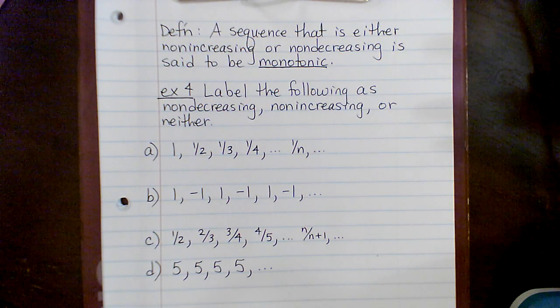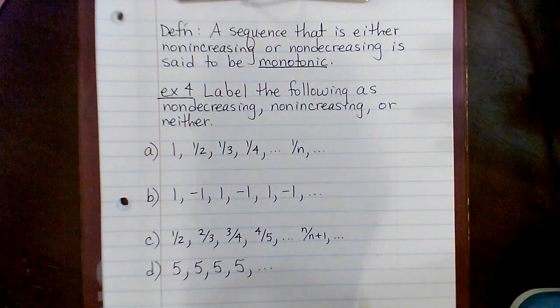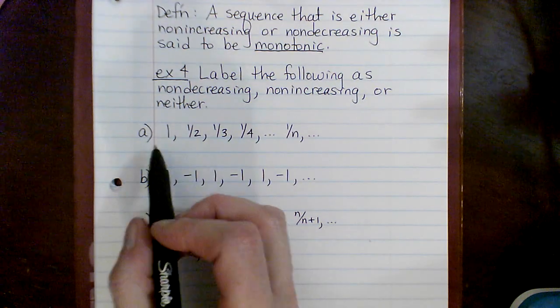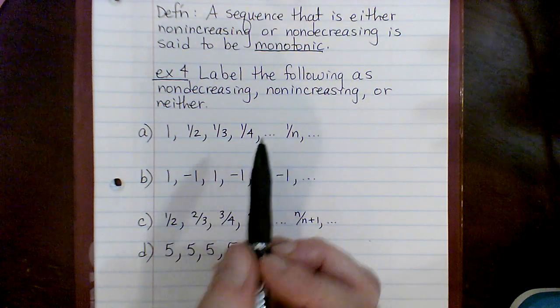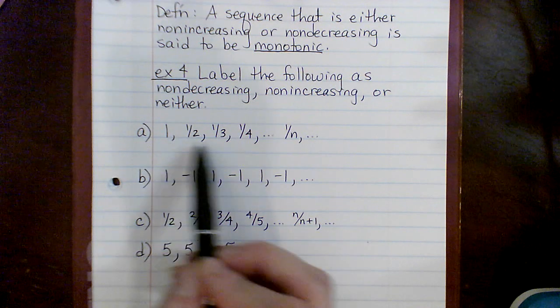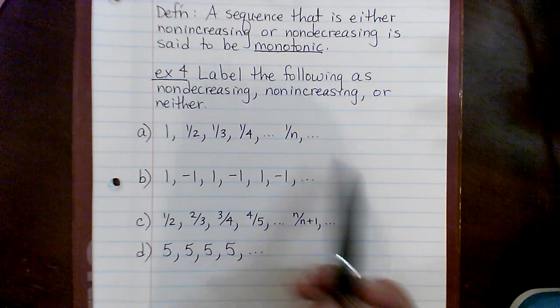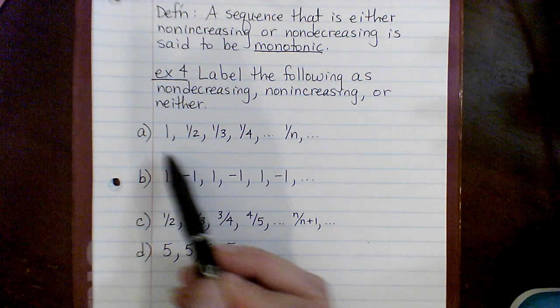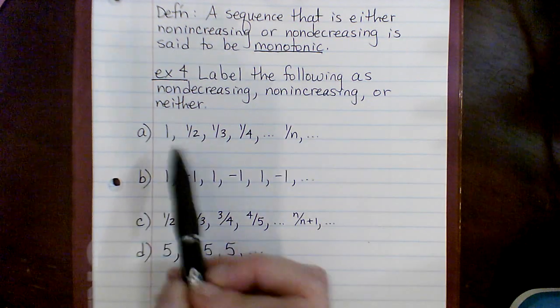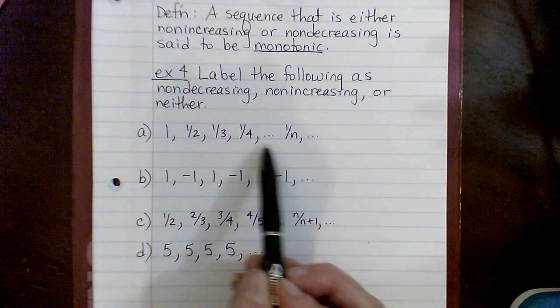Okay, so this first one. The terms here of this 1 over n are all converging to 0, and while they're converging to 0, they happen to all be getting smaller along the way.